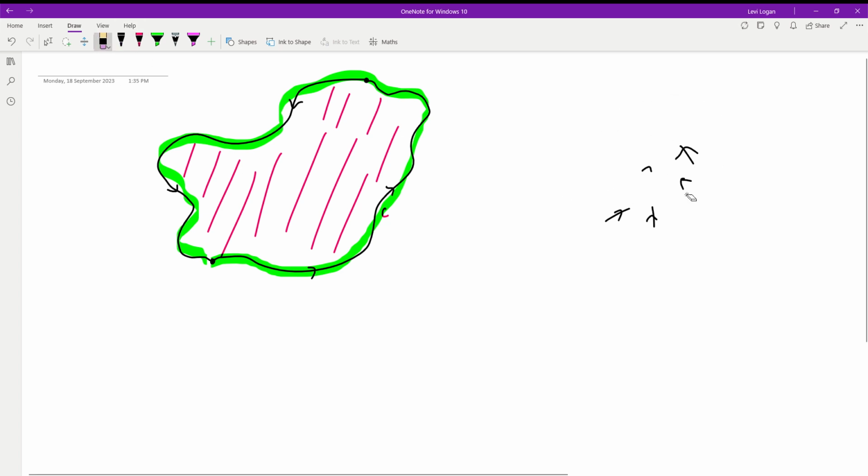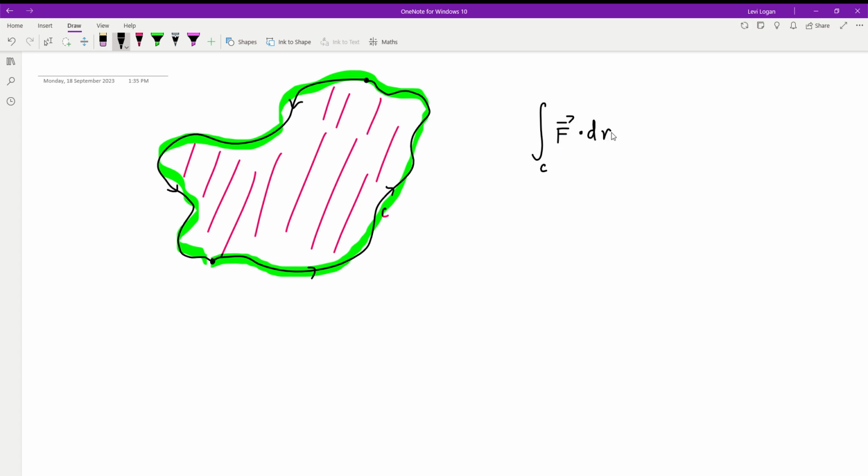In other words, the way we set up Green's theorem is, we want to work out the integral along a particular path C through a vector field. That is equivalent to integrating the separate parts of the vector field.